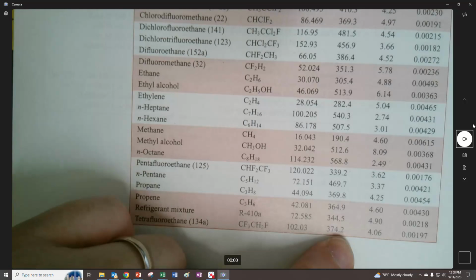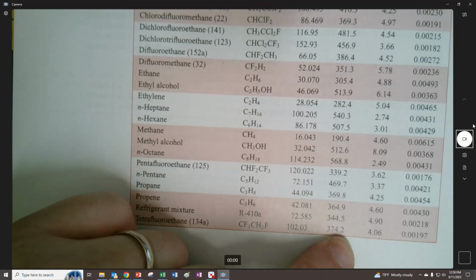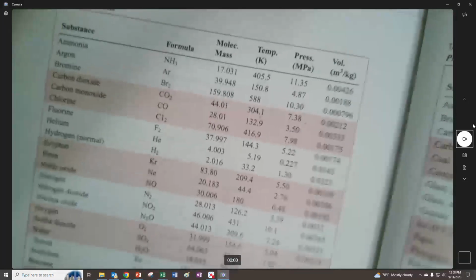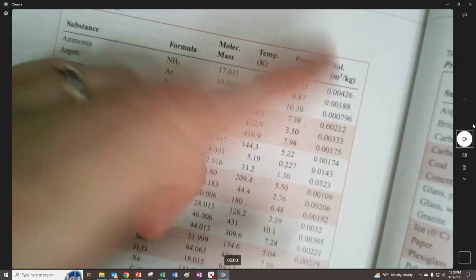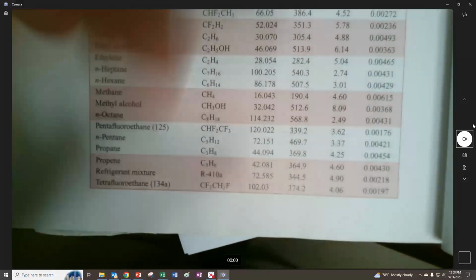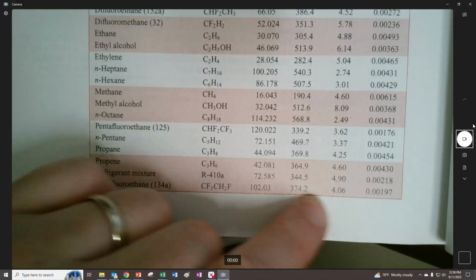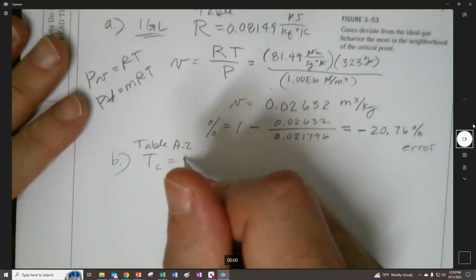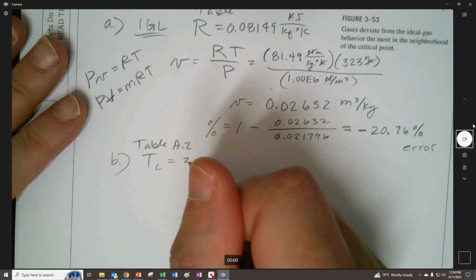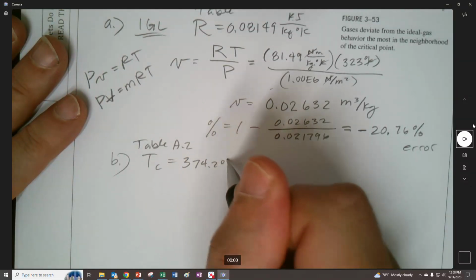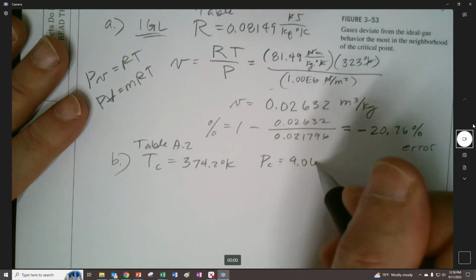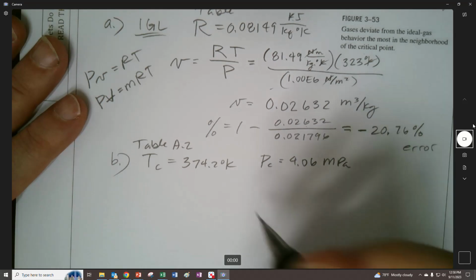It's going to have 374.2 degrees Kelvin right up at the top. There's your critical temperature and there's your critical pressure. So the critical temperature is 374.2 degrees Kelvin. Critical pressure is 4.06 megapascals.